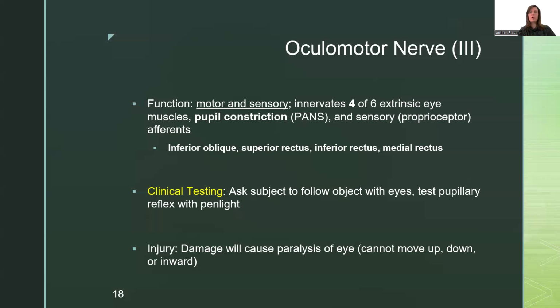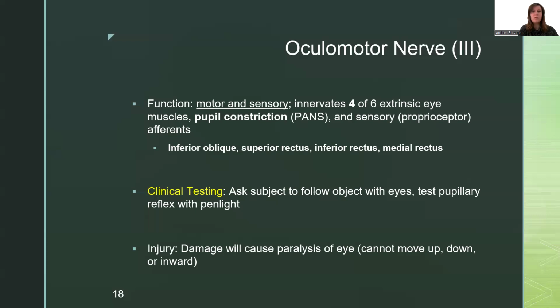It controls 4 of the 6 extrinsic eye muscles, the superior rectus, inferior rectus, medial rectus, and inferior oblique. It also controls the pupil constriction or dilation, which that movement is considered a parasympathetic function. And it also gives sensory feedback about the eye position.